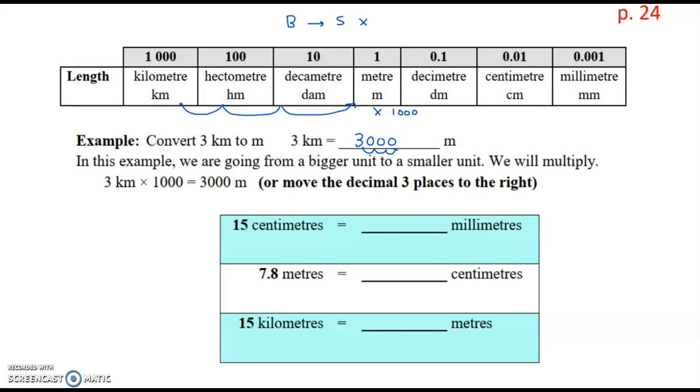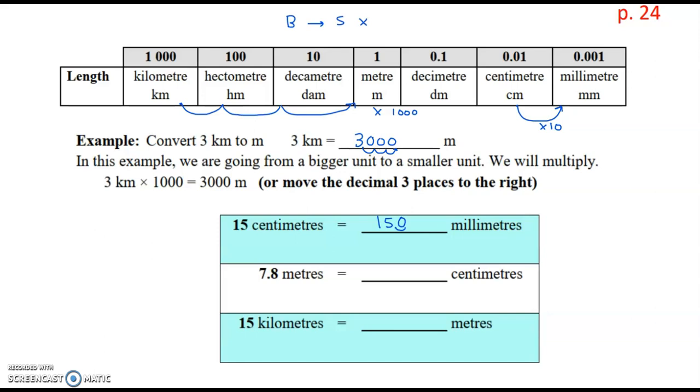If we look at the 15 centimeters, moving to millimeters, from centimeters to millimeters is 1 place, so that's multiplying by 10. But I can take my 15 centimeters and move the decimal 1 place to the right, just like I moved on the line, adding a 0, 150 millimeters.